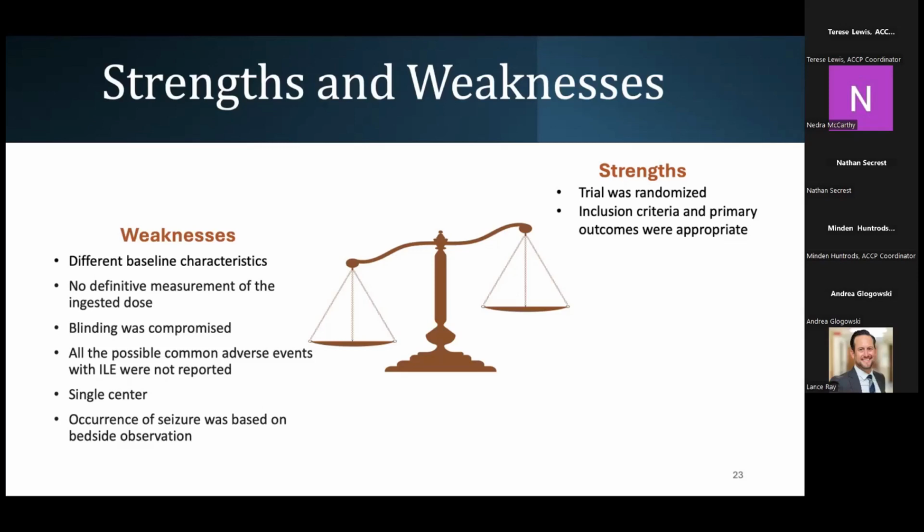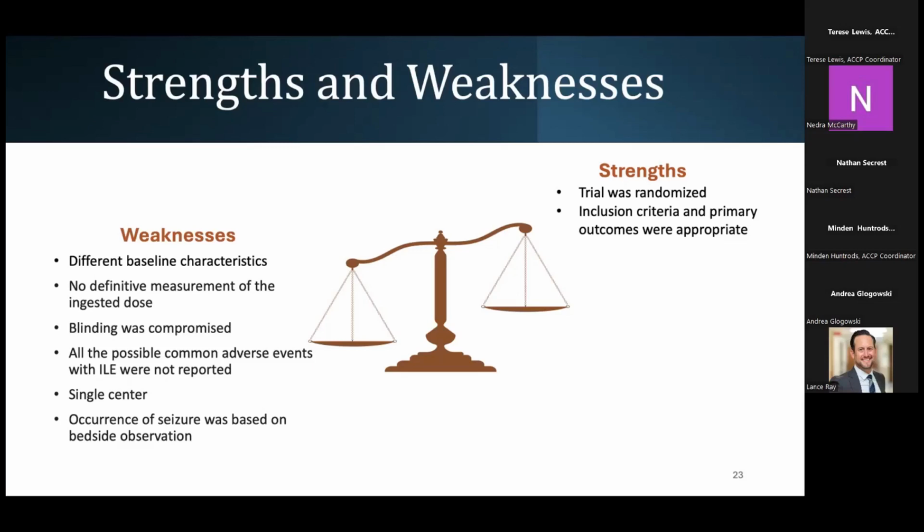In addition to that, the occurrence of seizure was based on bedside observation. We mentioned before that the seizures that occur in tramadol toxicity are tonic-clonic, so this is very evident, and we can see it oftentimes when patients are having tonic-clonic seizures. So this was only recorded based on what the observer saw on the floor.